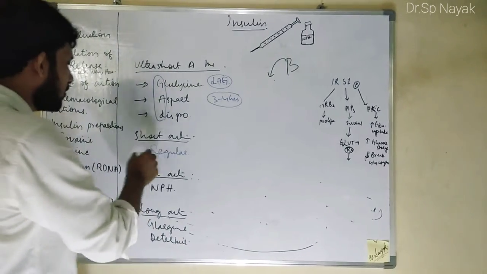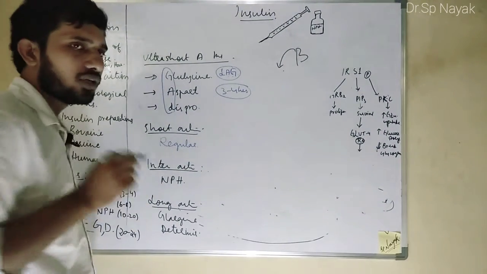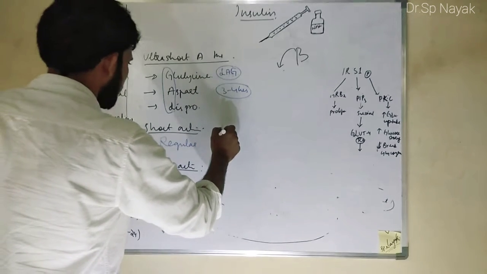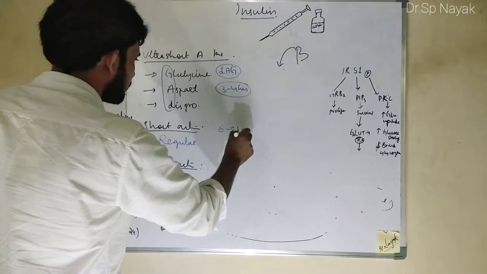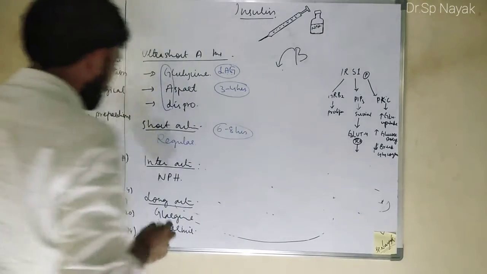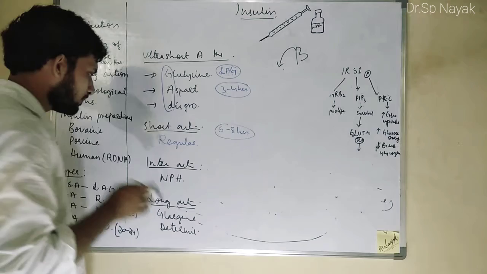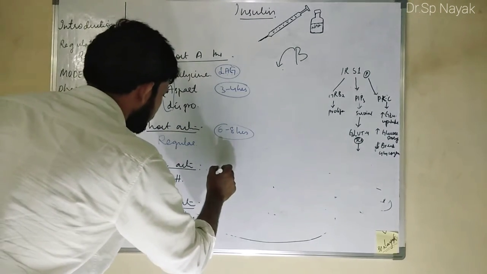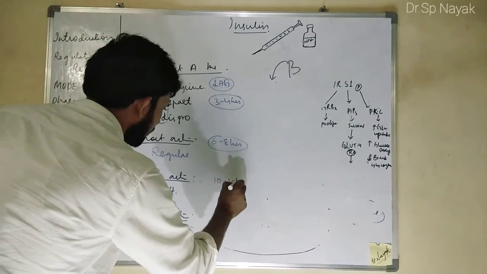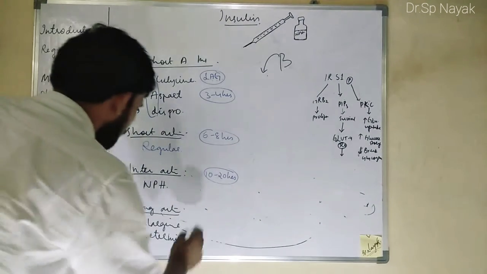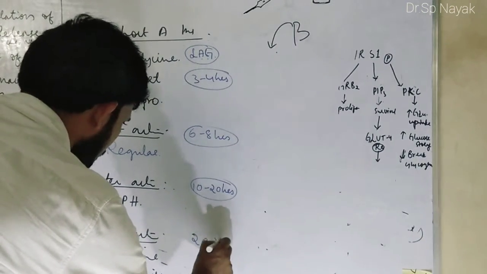In short acting, we have only one insulin, that is regular insulin, and its duration of action is around 6 to 8 hours. In intermediate acting also we have only one insulin, that is NPH, and its duration of action is between 10 to 20 hours. Long acting insulin's duration of action will be 20 to 24 hours.